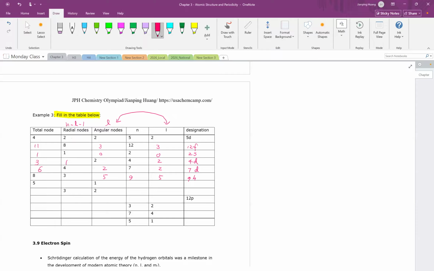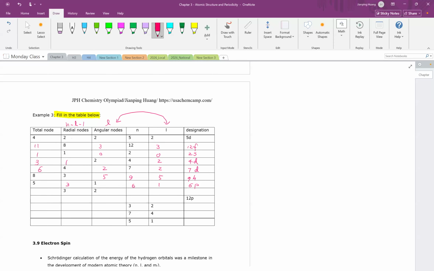Next one, 5. That should be 3. That should be 6. That should be 1, and it should be 6P. 3. This one, oh, that one should be 4.